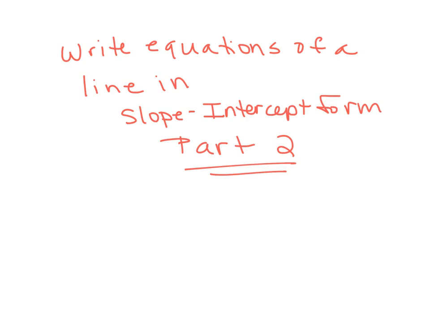So here we go. We are still writing equations of a line. We just need to now go to type 3. Type 3 is if you are given 2 points.